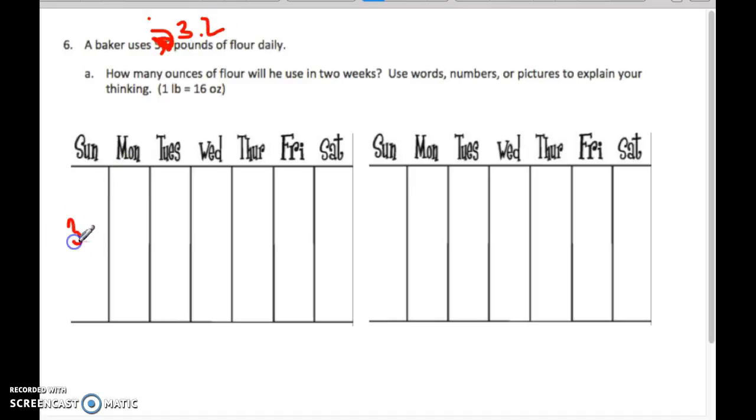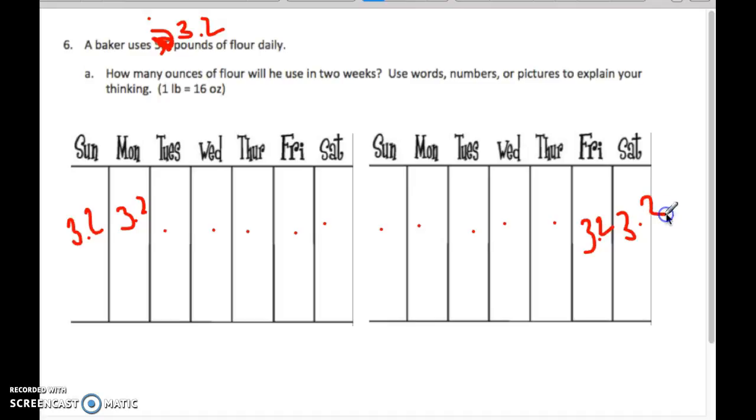So that means on Sunday he's using 3.2, and on Monday he's using 3.2, and on Tuesday, and so on, and he uses that every day of this week, and 3.2, 3.2.